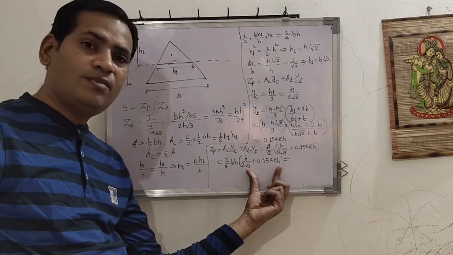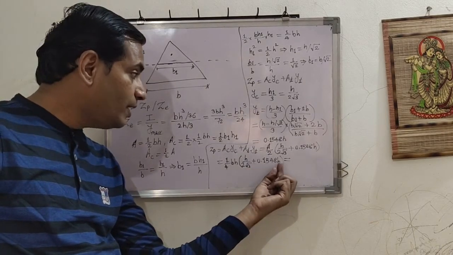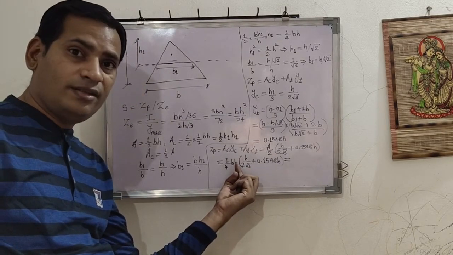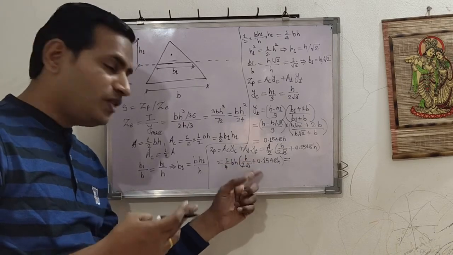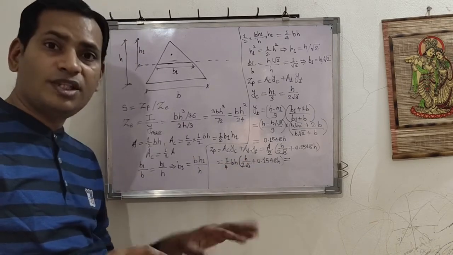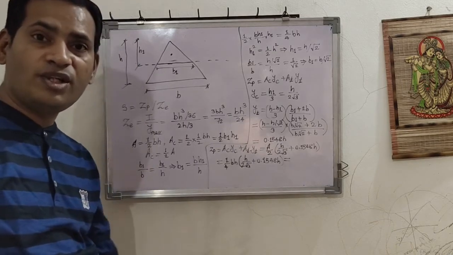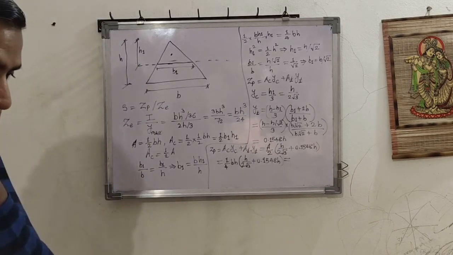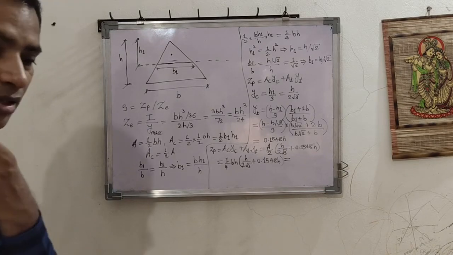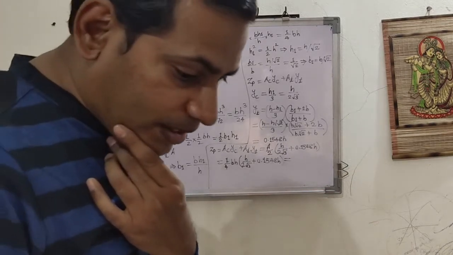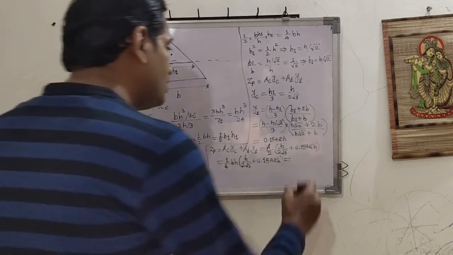This will be with some coefficient into h. So h into h is square. So bh square into some coefficient divided by 4. This totally is finally 0.0976 bh square. Let me check it. Yes, it is same.